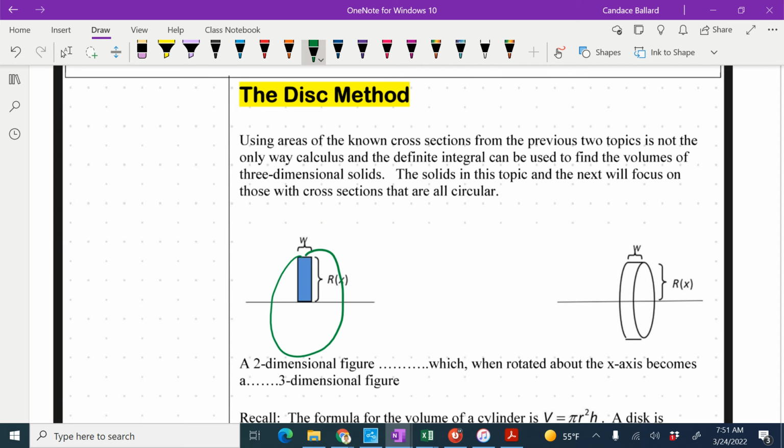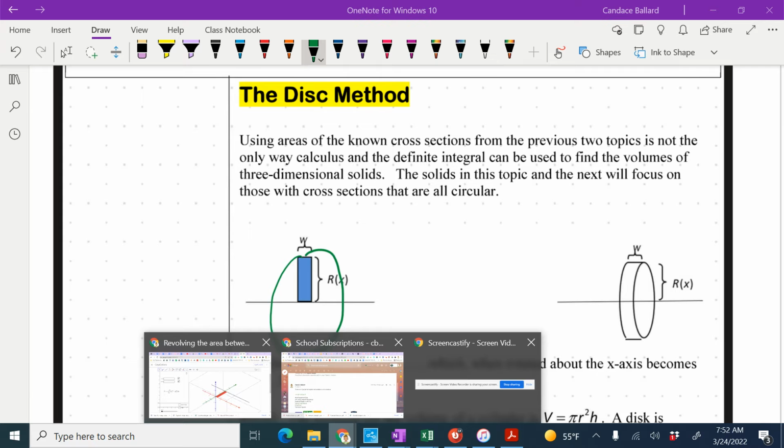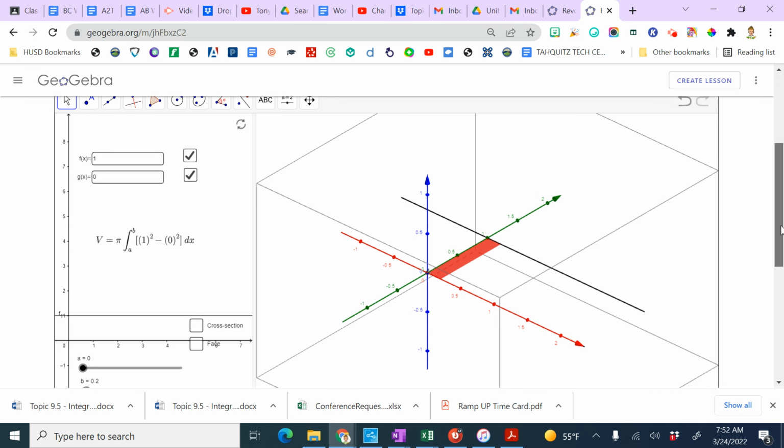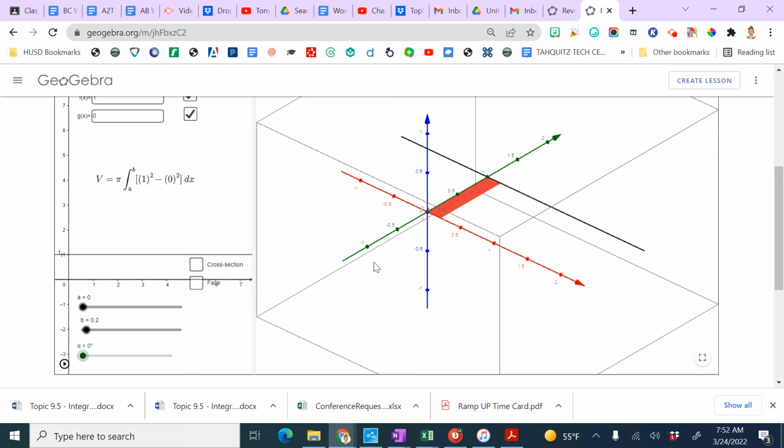Let me show you that a little bit better visually. So if I have that rectangle, I can take it and I can rotate it around an axis. This time it's rotating around this axis right here. And we're rotating it all the way around and it makes a disc.